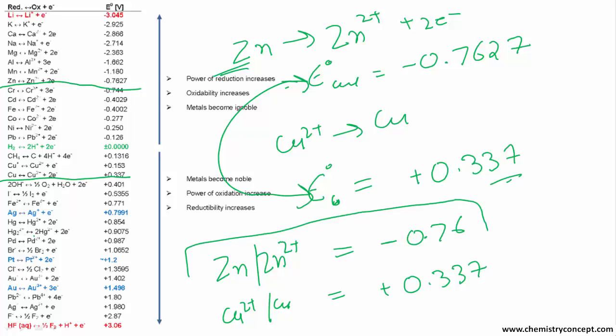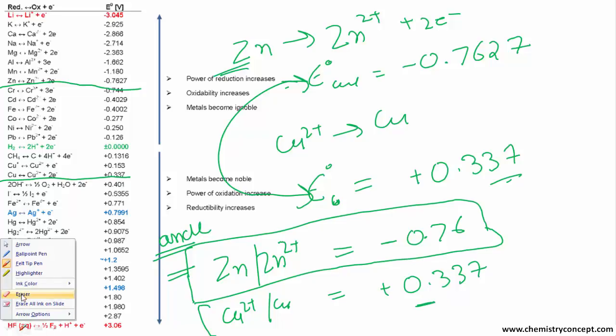Now we know the half electrode potentials. The potential of the zinc electrode, that is the anode potential for the Daniell cell, is minus 0.76, and the cathode potential is plus 0.337. Now what is the potential of the overall cell?